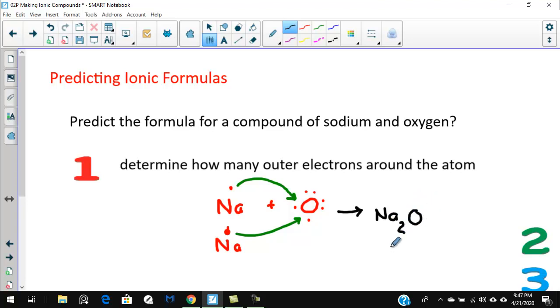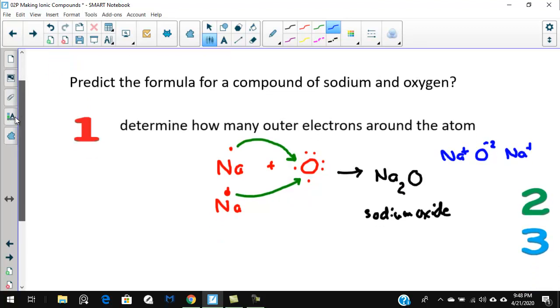And that's our formula for a compound called sodium oxide. Okay? And again, it's the same as we were doing before. There's 2 positive sodium ions that are being attracted to 1 oxygen ion that has a -2 charge. So these 2 positives are attracted to this -2, and they hold together to make the compound sodium oxide.